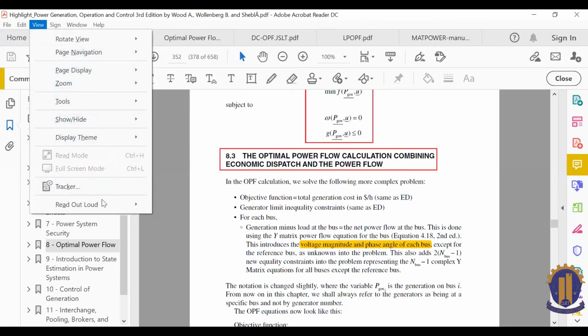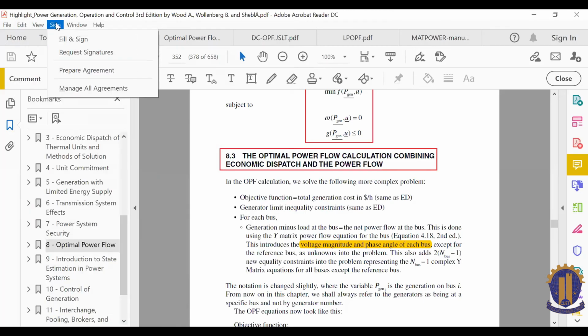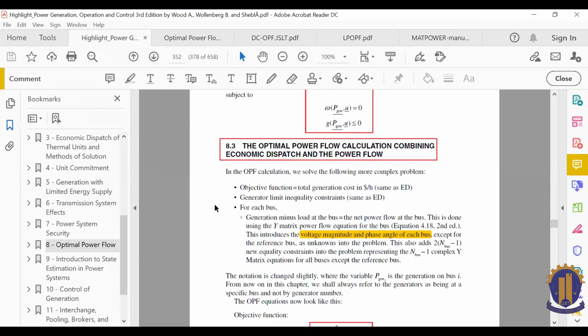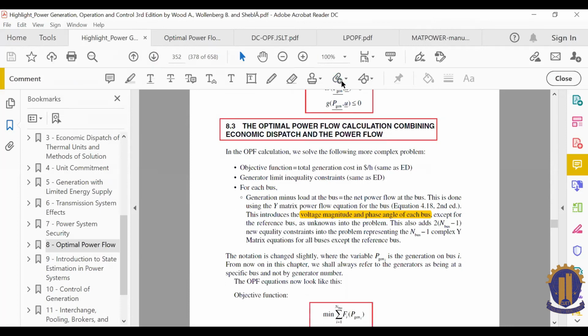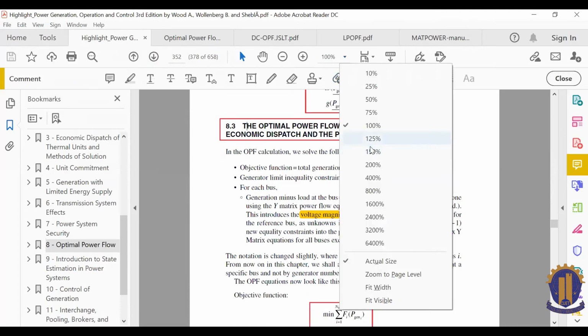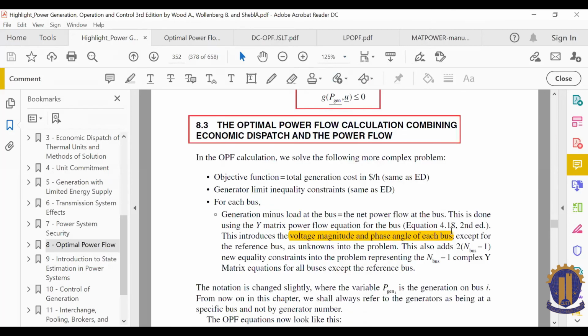So this is one of the things. Then this is done using the Y matrix power flow equation for the bus. We need the Y matrix, that is the inverse of the impedance matrix.